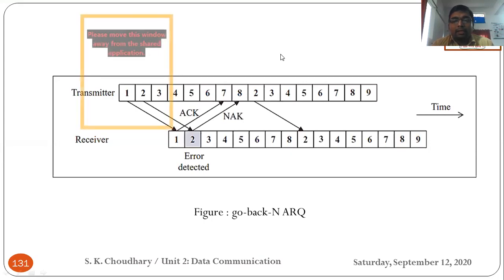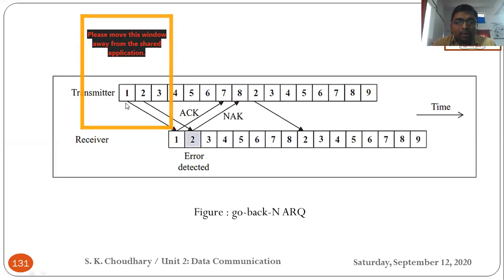I think all of you have taken the screenshot of this particular diagram. Here I have also shown you the ACK signal and NAK signal, but the transmitter does not wait for them.